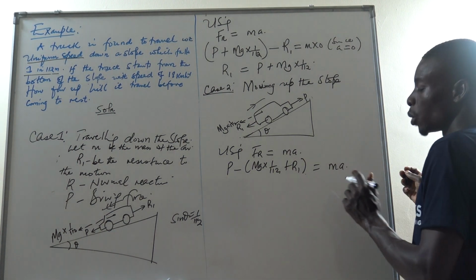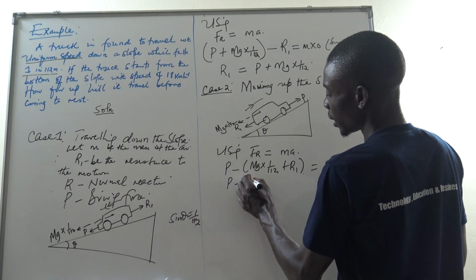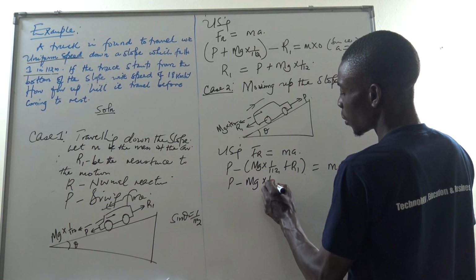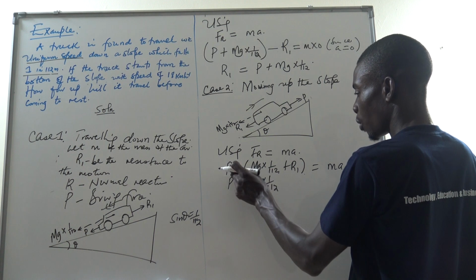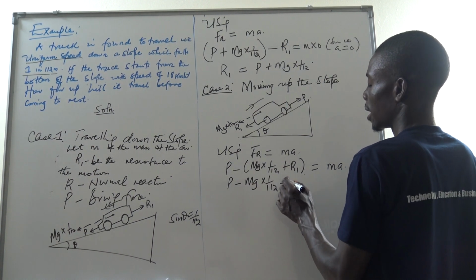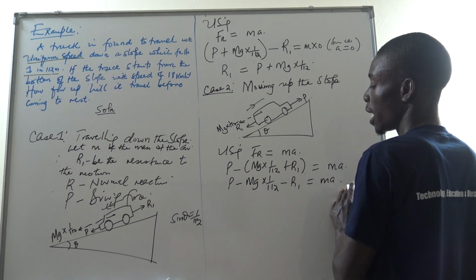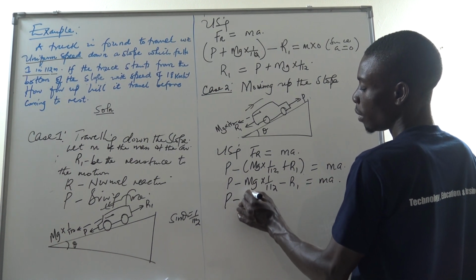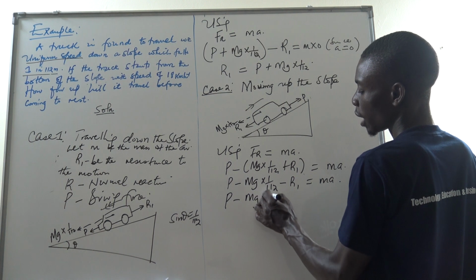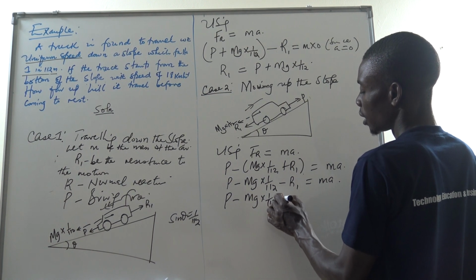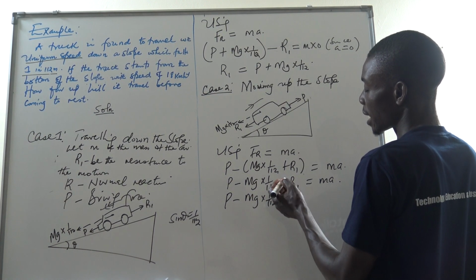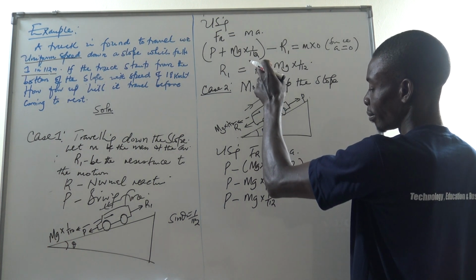That is what we can now look at, and then I can say P minus mg times 1 out of 112. If you open it, it will also be a minus R1 equaling to MA, and then I can say P minus mg times 112 minus R. What is my R?